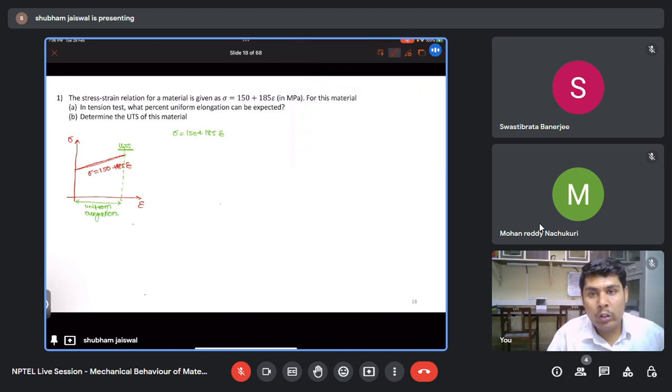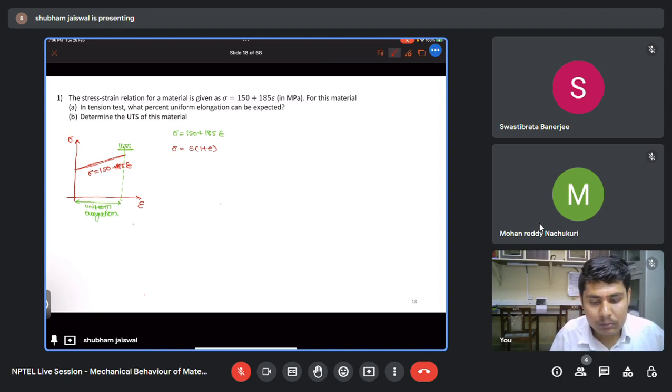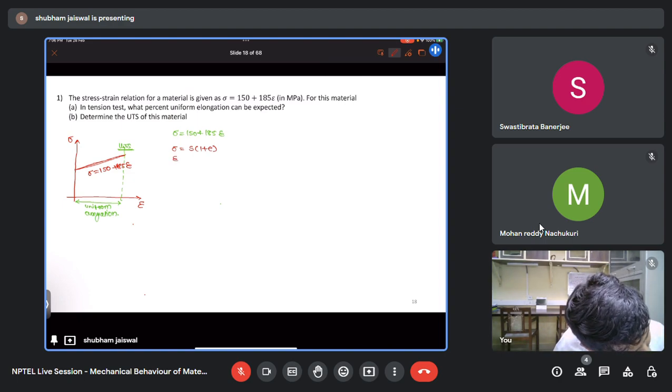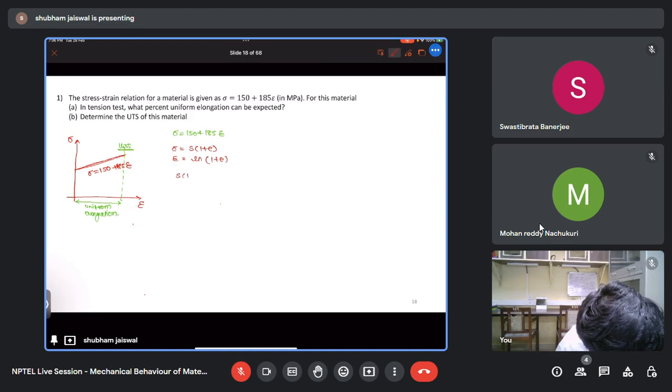Now we know the true stress is given as sigma equal to S times 1 plus E, where S is engineering stress, and true strain is given by ln of 1 plus E. So let's put these values in this equation. What we will get: S times 1 plus E equals 150 plus 185 ln of 1 plus E.